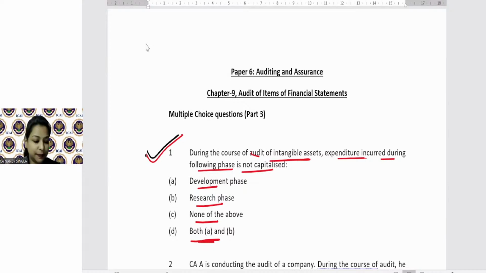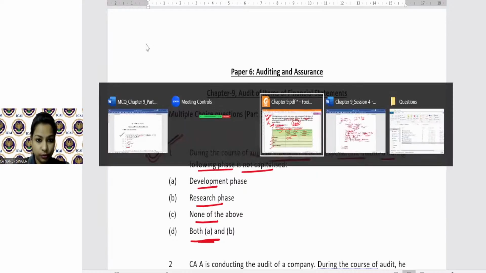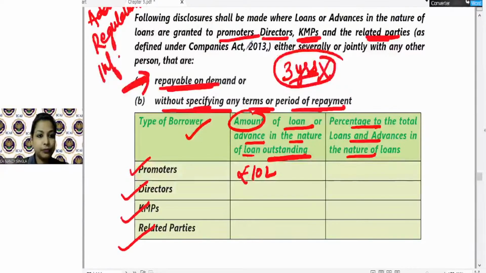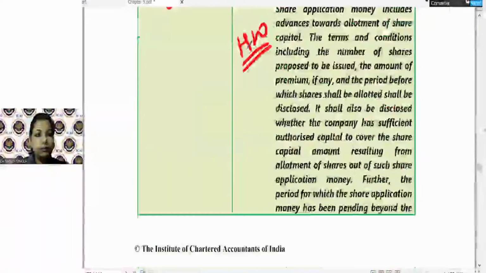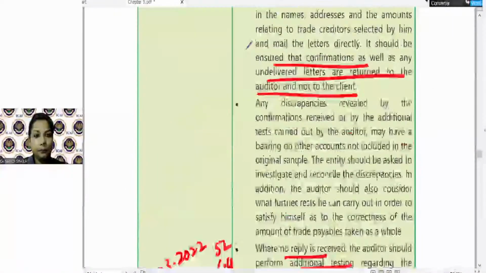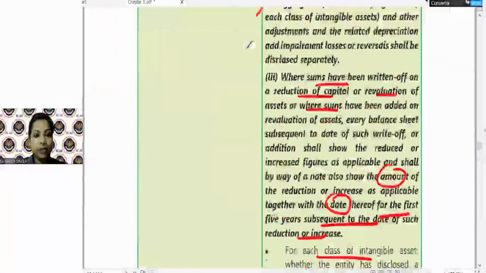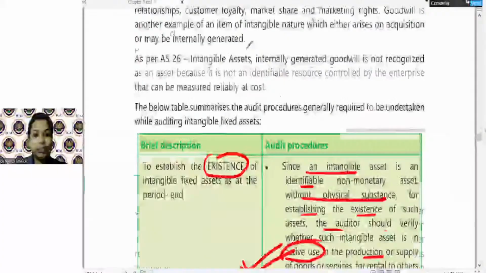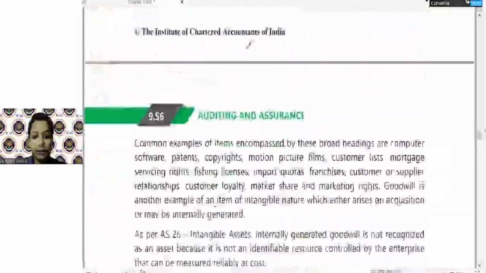So students, I'm waiting for your replies. I want all of you to answer. So let me just take you through the topic in the module where we have already covered this. So this is pertaining to intangible assets.